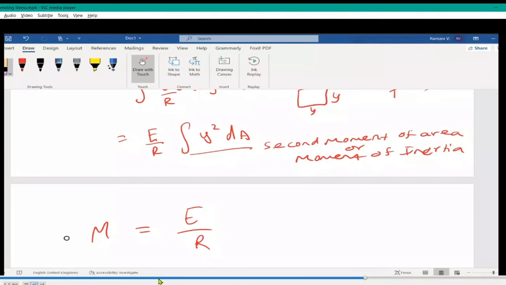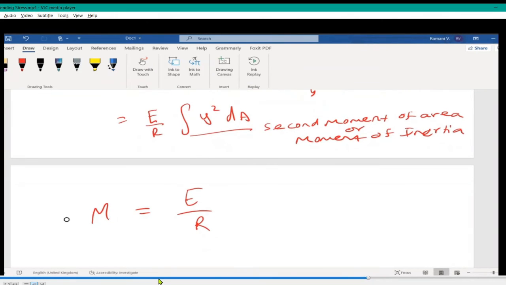The technical term used for second moment of area is moment of inertia. Let me move on to this one. I substitute the value of y square dA as I.